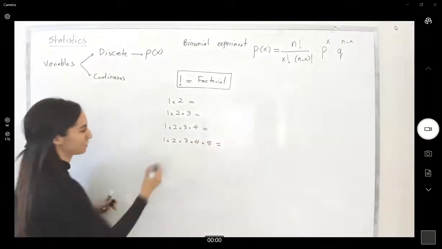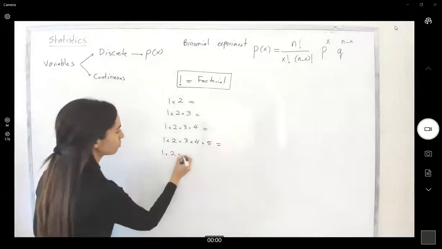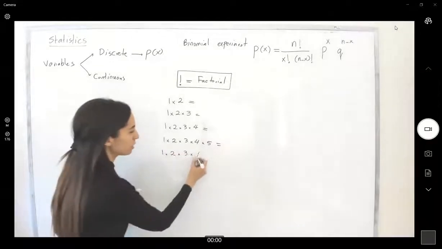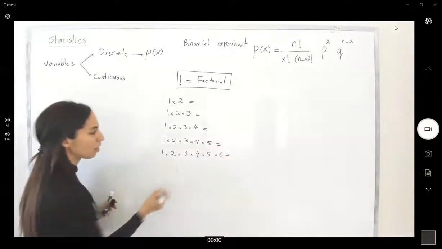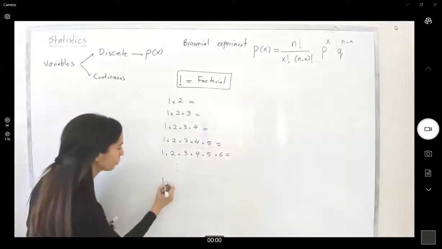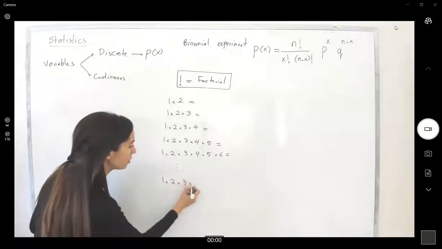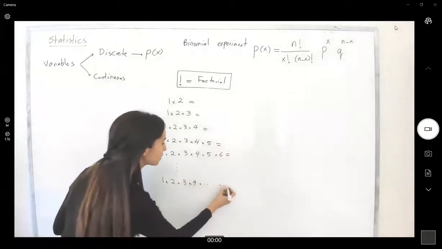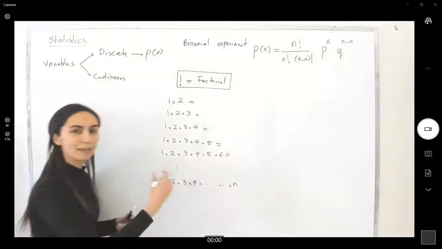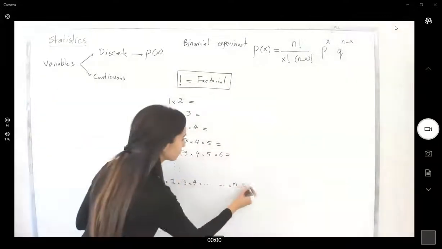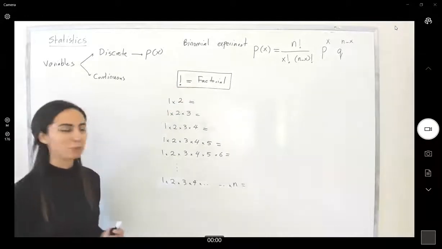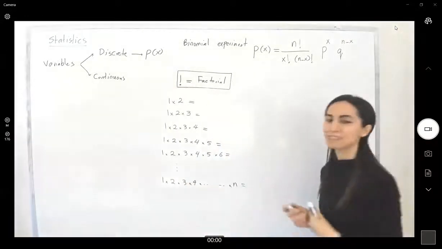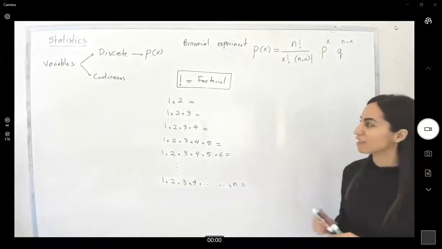Continue this process, 1, 2, 3, 4, 5, 6, 7, 8, and you stop at n. For simplicity, we use the factorial symbol to represent these multiplications.